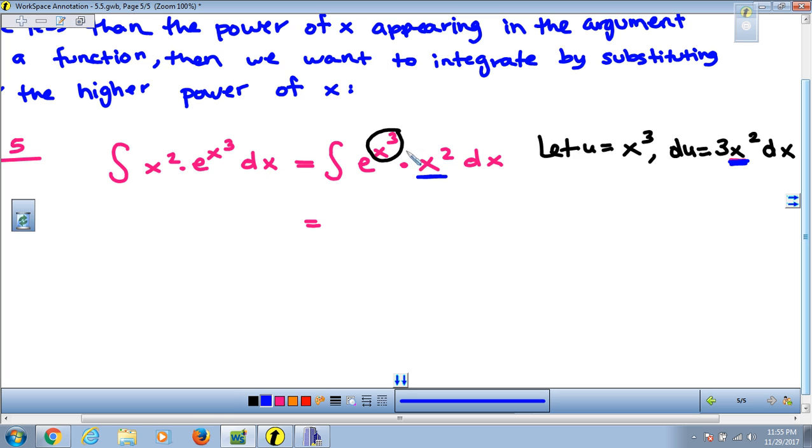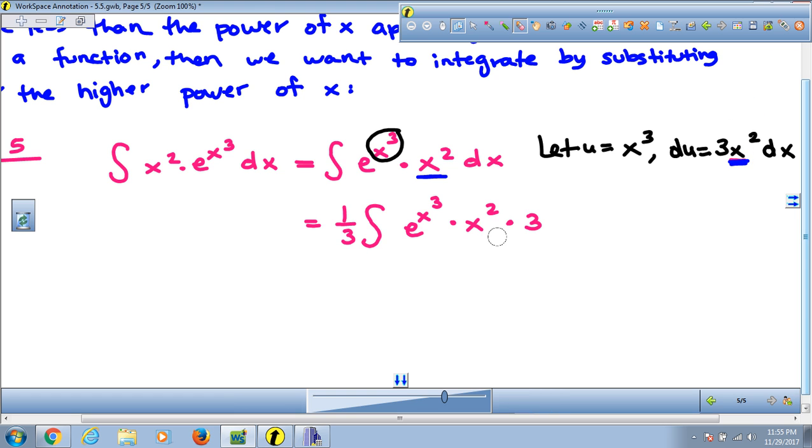So the only way that we're going to be able to do that is probably going to be by multiplying on the outside of the integral by 1/3, inside of the integral, e raised to the x to the third times x squared times the 3 that I need to have, right? As a matter of fact, I think it would look way better.